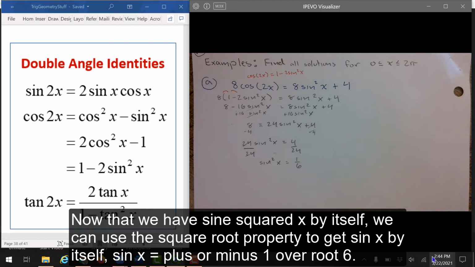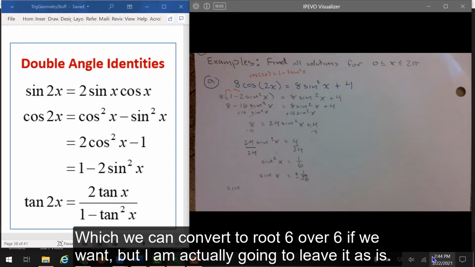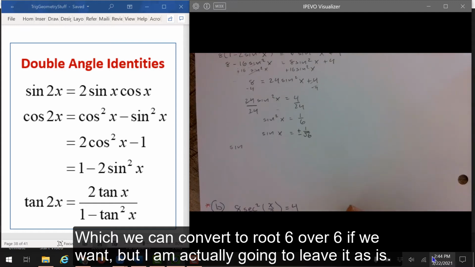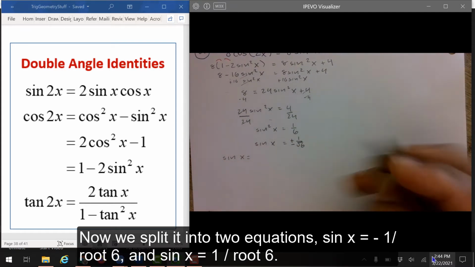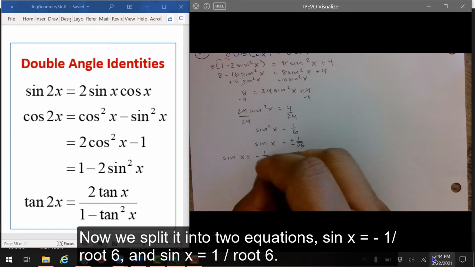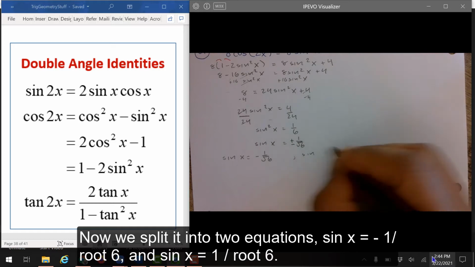Now that we have sine squared x by itself, we can use the square root property to get sine x by itself. Sine x equals plus or minus 1 over root 6, which we can convert to root 6 over 6 if we want. But I'm actually going to just leave it as is. Now we split it into two equations. Sine x equals negative 1 over root 6, and sine x equals 1 over root 6.